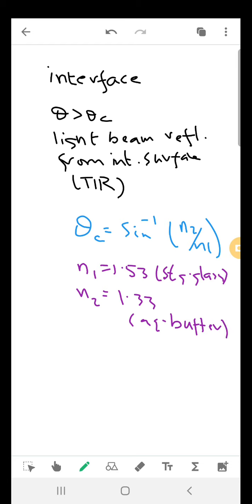If we consider these two values, then the critical angle comes out to be around 61 degrees.